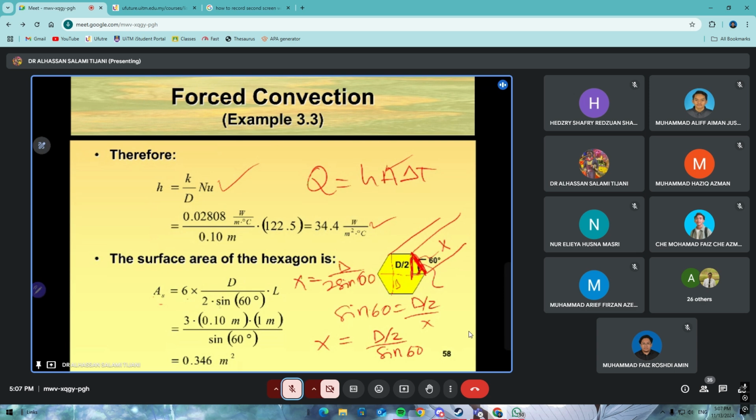And that's what we have over here. All right, so it means that we have found this x. Then if you multiply by the length, that gives you the area. You understand me? But we have 6 sides: 1, 2, 3, 4, 5, 6. So that's why I multiply by 6. So that's the total area of the hexagon.